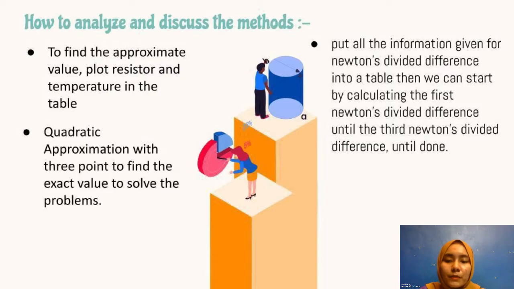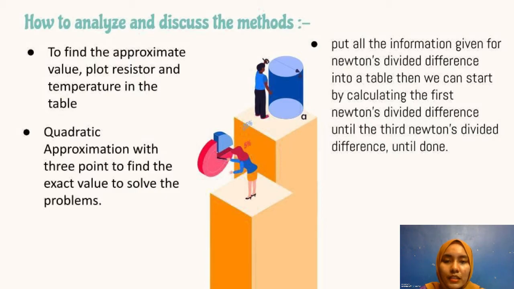So for the approximate value of the second method, we need to put all the information given for the Newton divided difference in a table. Then we can start by calculating the first Newton divided difference until the third Newton divided difference.